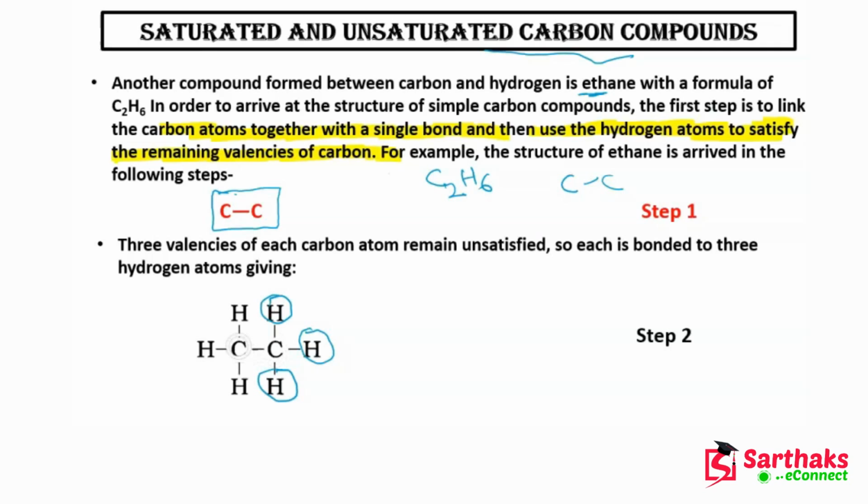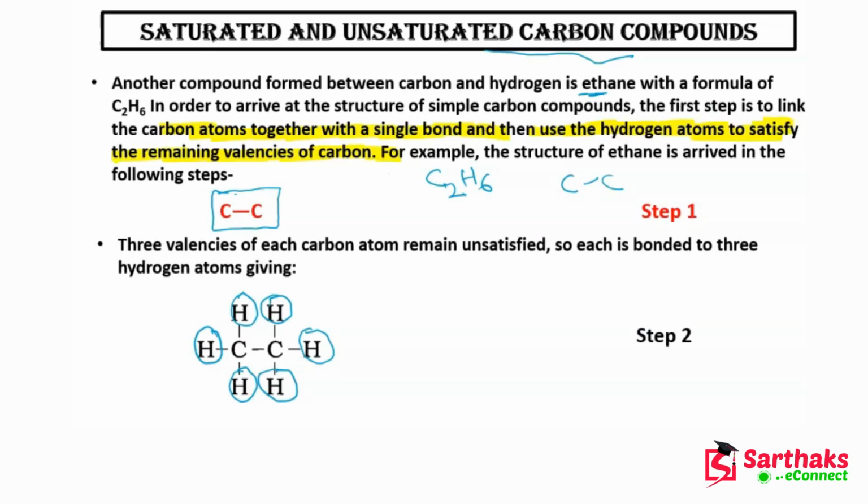Now we will ensure the same thing with this carbon. Here also I have connected this hydrogen, this hydrogen, and this hydrogen. You can see that the valencies of this carbon are also filled up: 1, 2, 3 and 4, three with these hydrogens and one with this carbon.